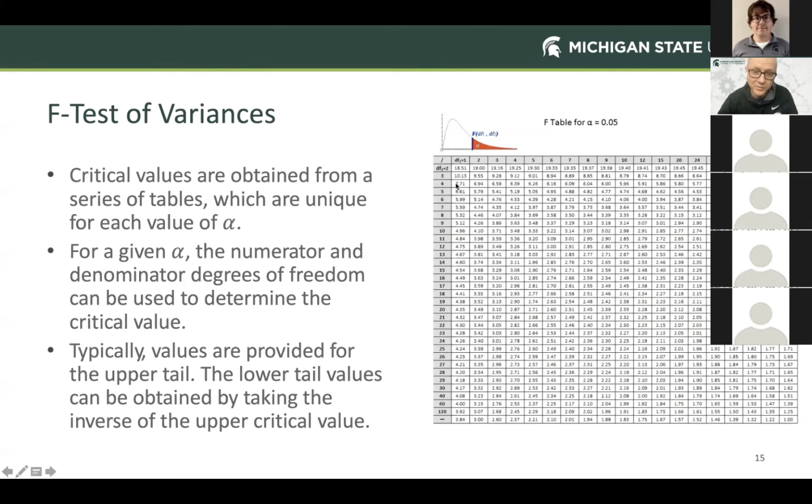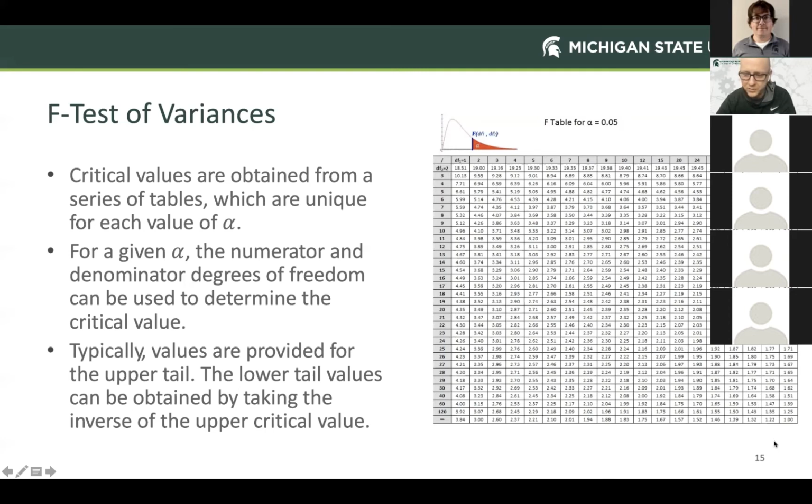And so just thinking about this conceptually, what that means is if you had a sample size of 2 in each of those groups, which is the smallest sample we could have in order to calculate a variance, that ratio would have to be greater than 18.51 in order to determine those are significantly different from one another, okay? And then as we begin increasing the degrees of freedom or increasing the sizes of those respective samples, you'll notice those ratios tend to decline relatively rapidly.